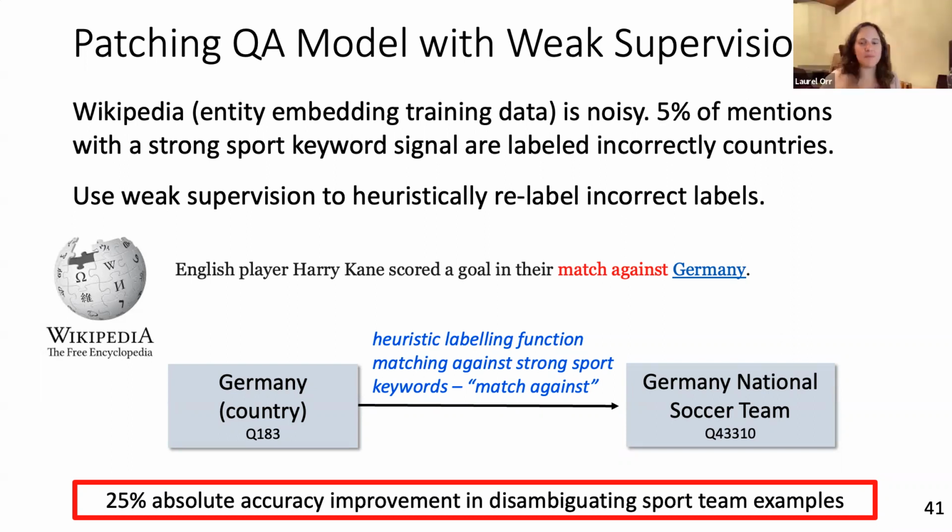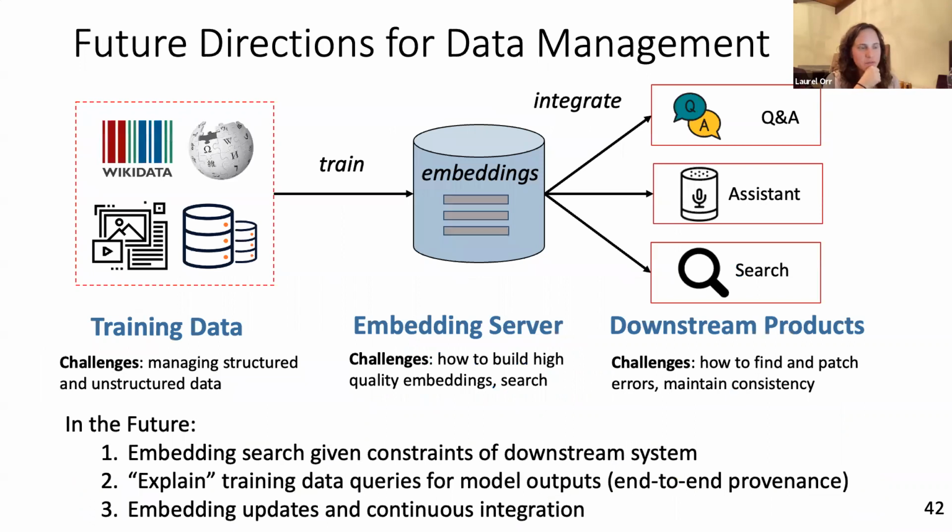Yeah, that's actually a question that I have as a really great piece of future work. How this was done, honestly, right now was a lot of manual error analysis and a little trial and error. We very clearly recognized that the issue was this national sports team versus country error in the model.